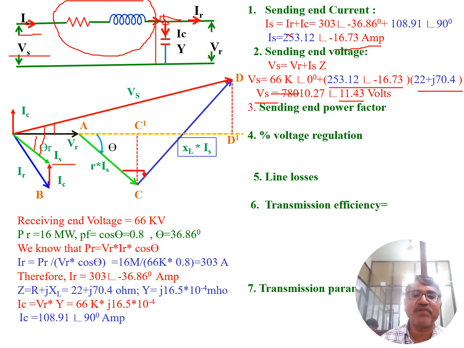Total angle is equal to sum of these two angles. That's why sending end power factor cos theta S is equal to cos of sum of the two angles. అవి 16.73 plus 11.43. అది క్యాలిక్యులేట్ చేస్తే మనకు వచ్చిన cos theta S is equal to 0.665.